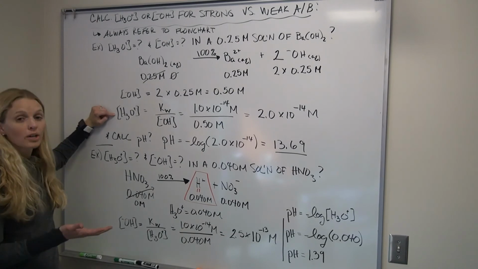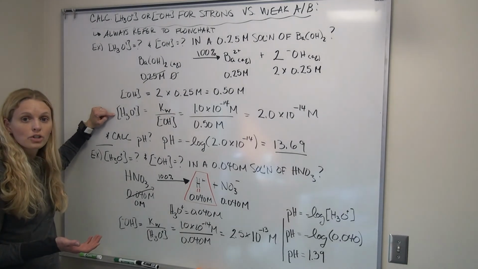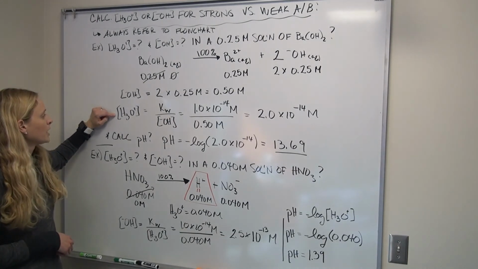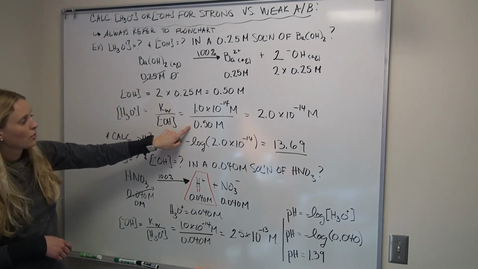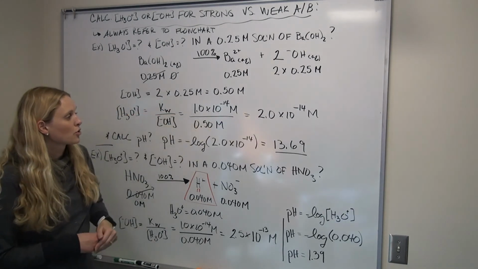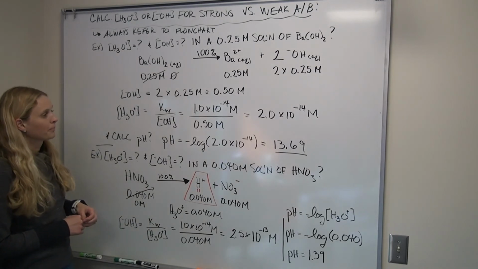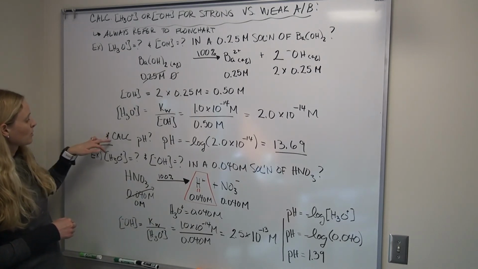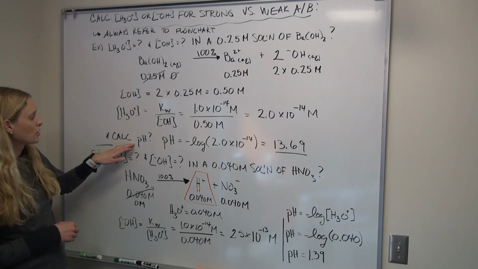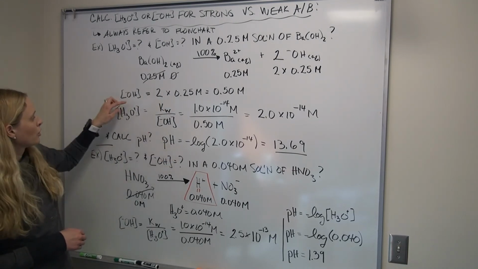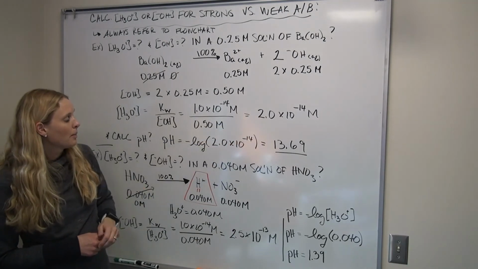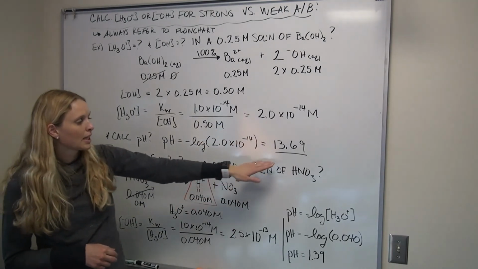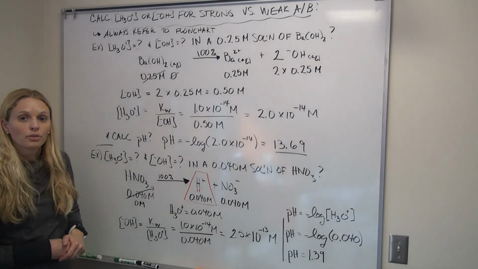And then we know hydroxide, we can use the Kw equation to calculate the H3O plus concentration. So Kw there, hydroxide I've just solved for, and I can calculate H3O plus concentration. From that, I might also be asked to calculate pH. So pH equation, I know the H3O plus concentration, so I can just plug that right into the minus log equation and get my pH value there.